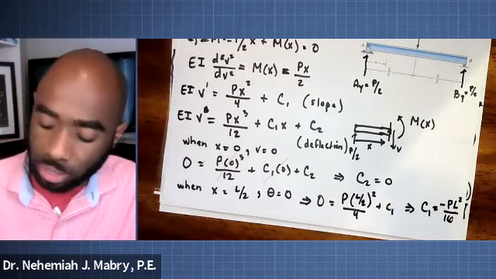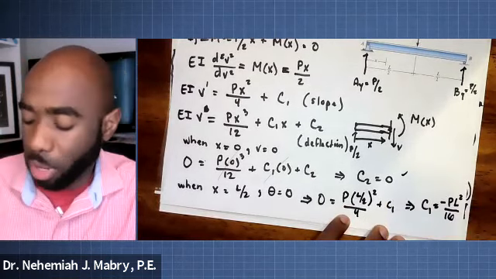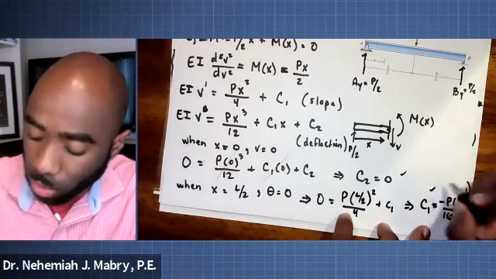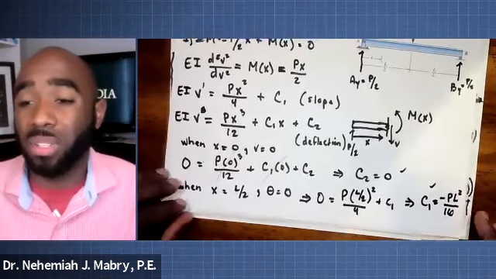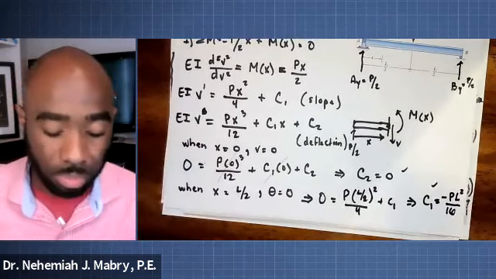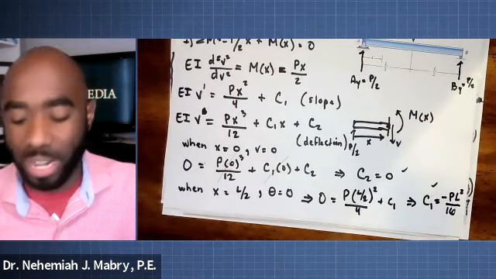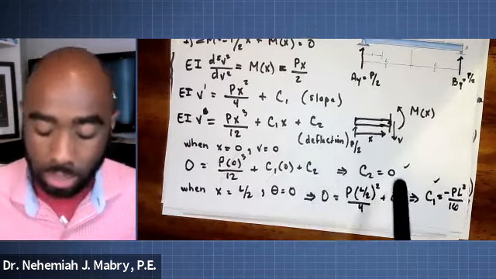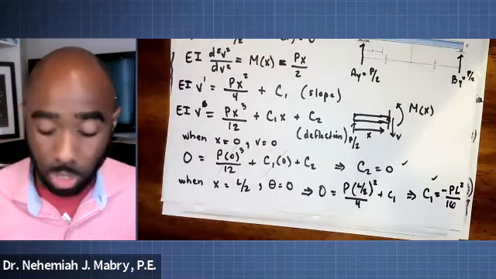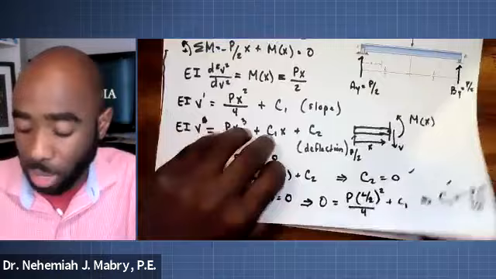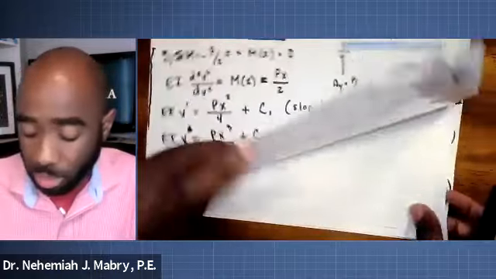So now we have our constants here. C2 is equal to 0, so we don't have to worry about that anymore. And then we know that C1 is equal to negative PL squared over 16. Are we done yet? No, we are not done. That just gave us our constants for these equations. So we're going to go back and write our full equations as so.